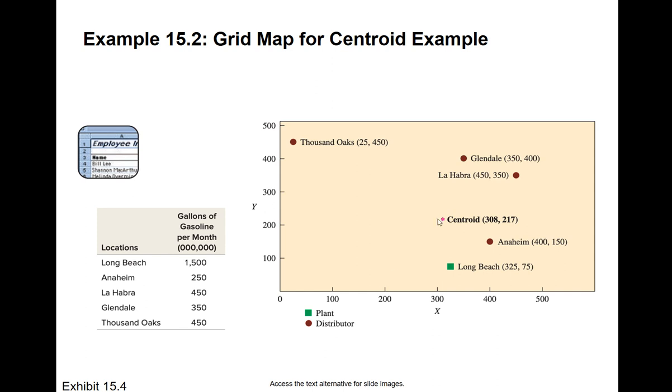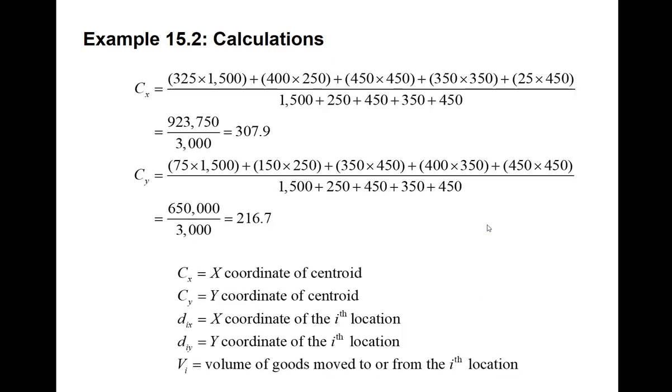And how do we find the numbers here? For the central location we want to find, we also need two values to locate it in the x-y coordinate. So we still need the x value and the y value. How do we calculate the x value for the objective function?